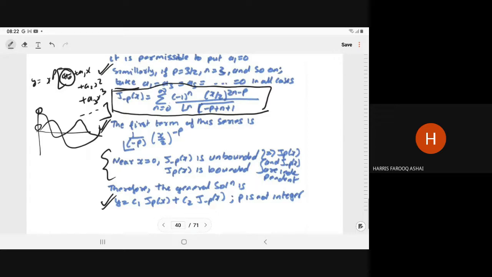But this is true only when p is not an integer. When p is an integer, then you cannot write like this. So for writing the general solution, p must be non-integer.